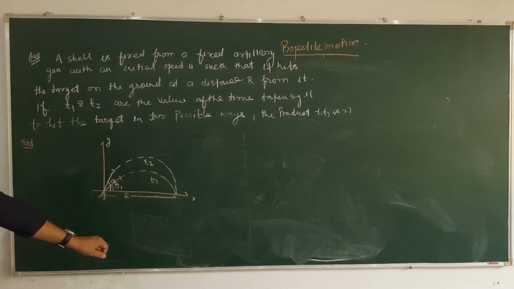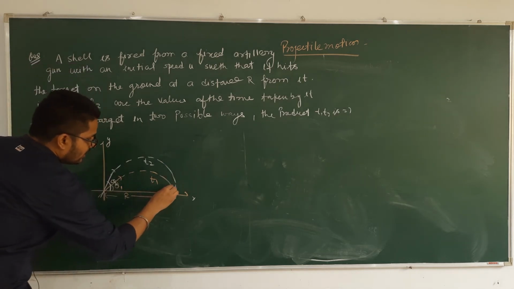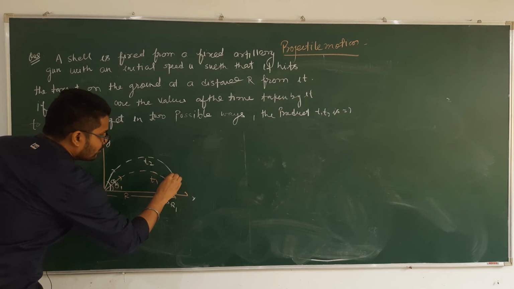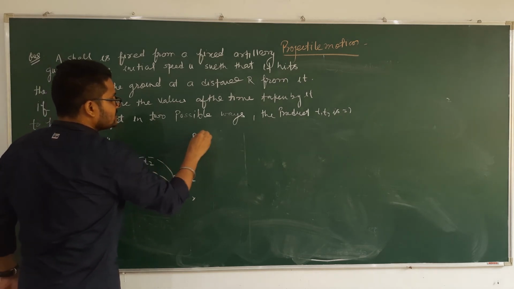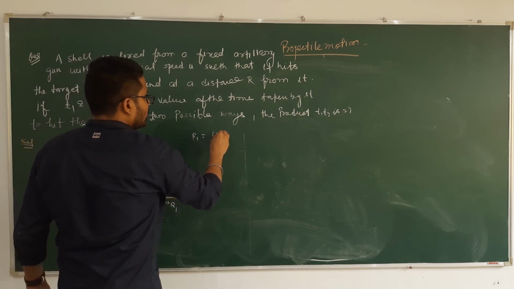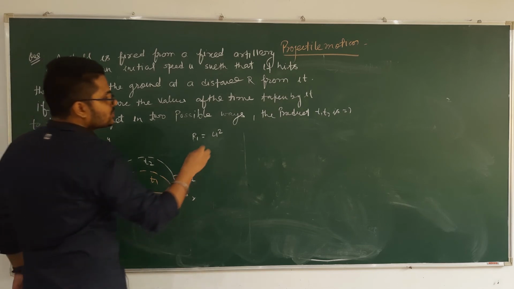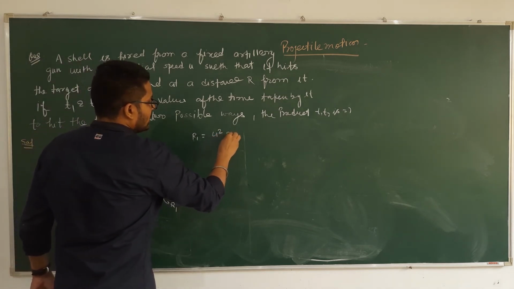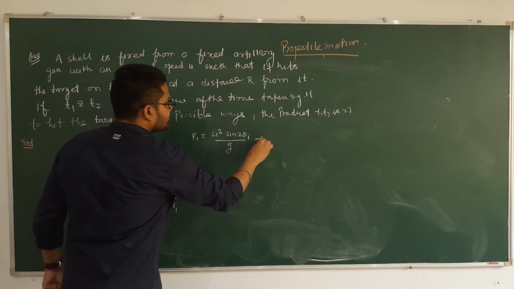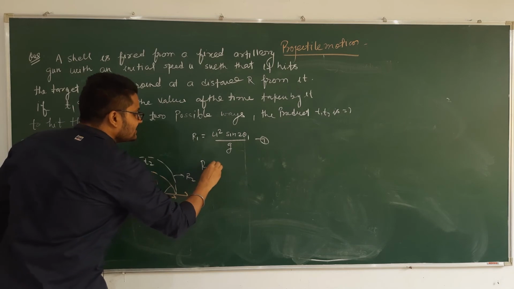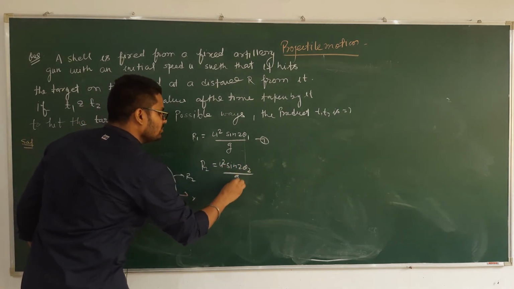Okay, so write about the range. So here this is R1 range, for this one this is the R2 range. R1 range is u square sine 2 theta 1 upon g, for the same initial velocity u. Second one range is u square sine 2 theta 2 upon g.